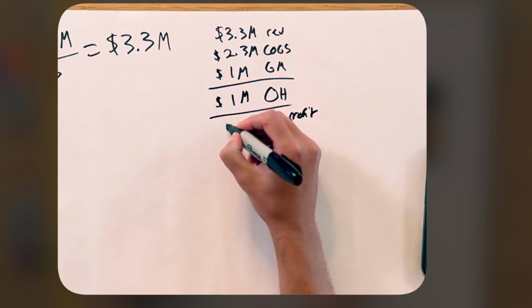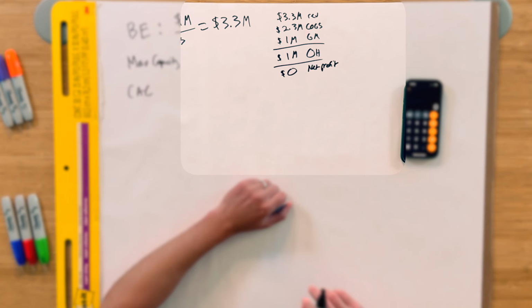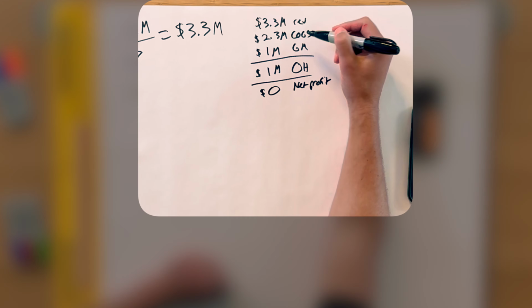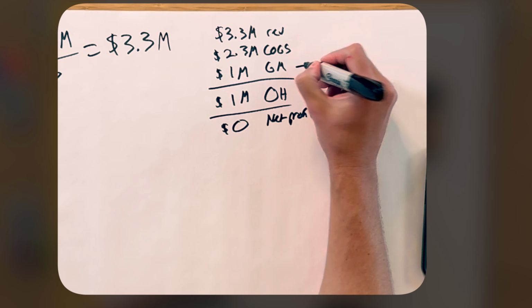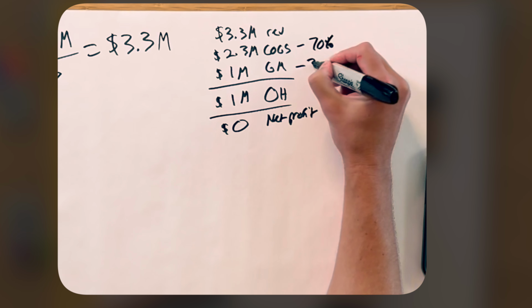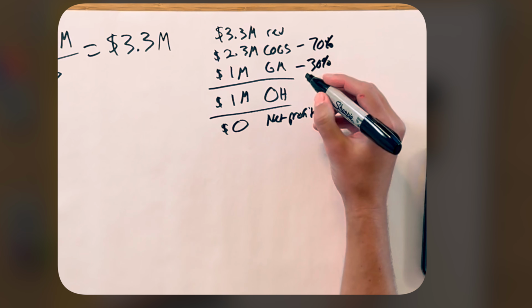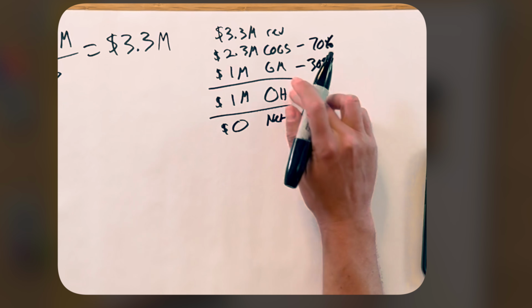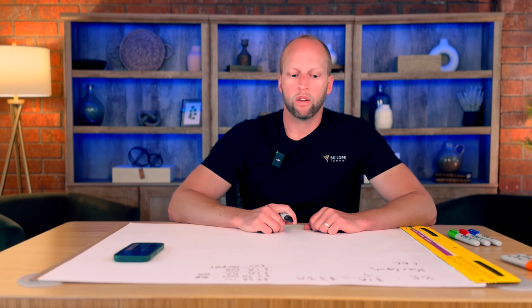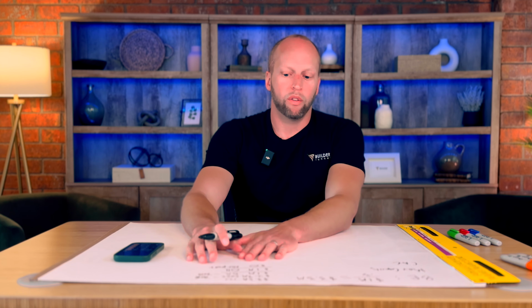In this case, that's going to be a goose egg, because that is our break even. So 3.3, you have a 30% gross margin right here. That means this is 70%, 30%, and then we have our overhead down here, sales, marketing, admin costs, and then we have our net profit. So that's how we figure out our break even.